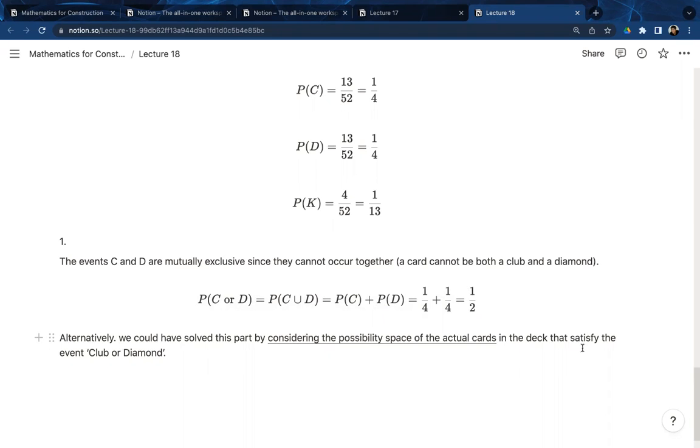If I tell you I'm going to give you money if you draw a card and it's a club or diamond, consider your chances. Consider how many ways you could win that money. If you draw a club, you win. If you draw a diamond, you win. That means you have 26 chances to win out of the 52. That's roughly a half. Okay.